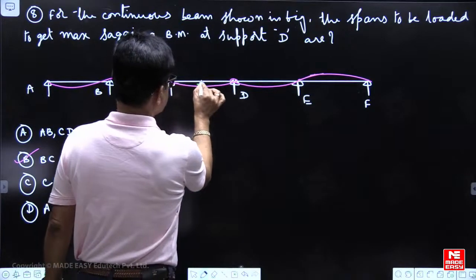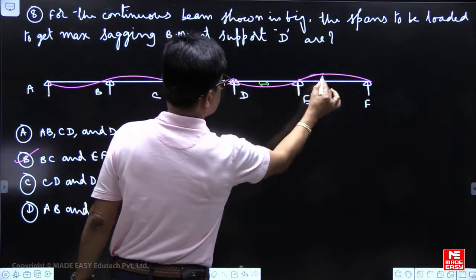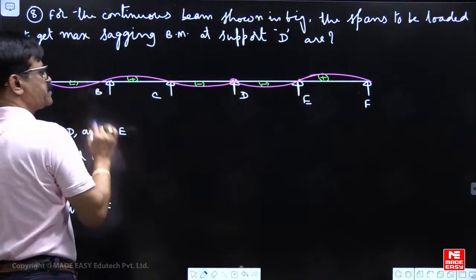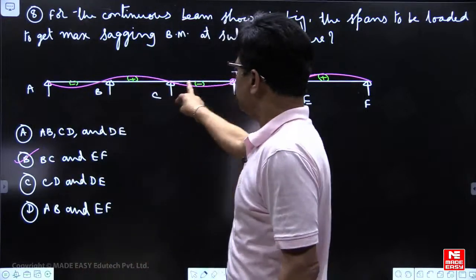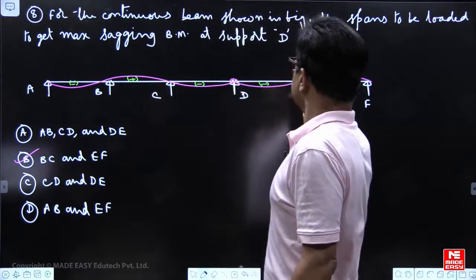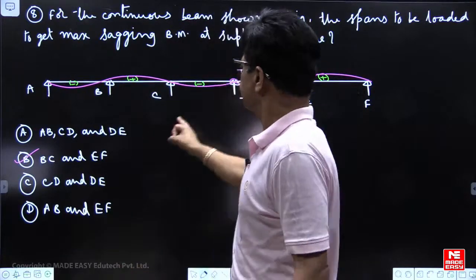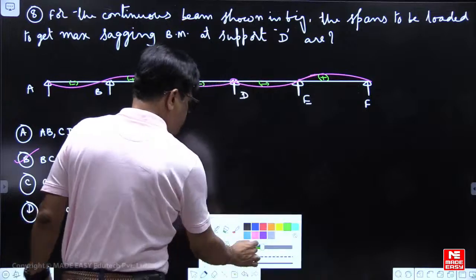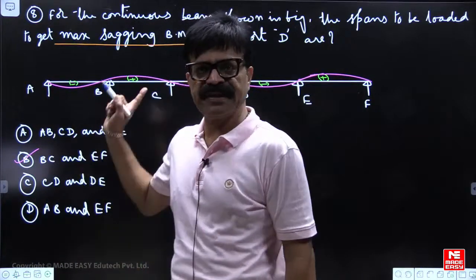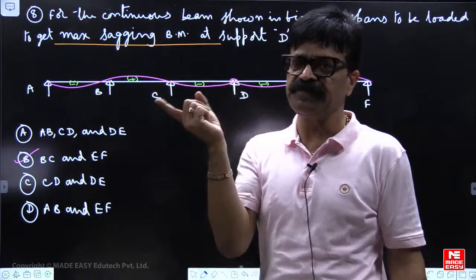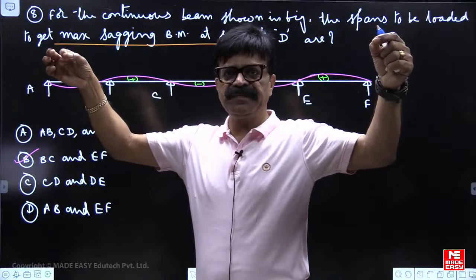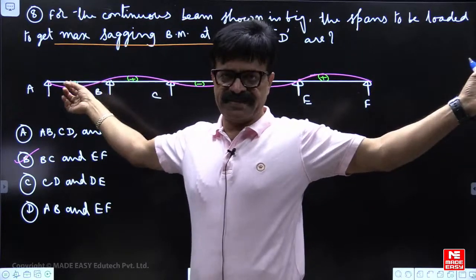Now this is minus, minus, plus, plus, minus. Minus means if you apply loads here and here, you will get negative bending moment at D. If you apply load here and here, you will get positive bending moment at D. But we want maximum sagging bending moment. So first we draw the ILD for bending moment at D: assume a hinge, adjacent spans negative bending moment, negative area, then extend the lines.